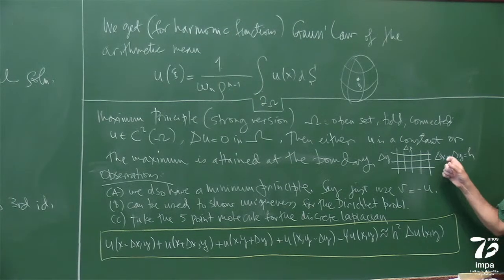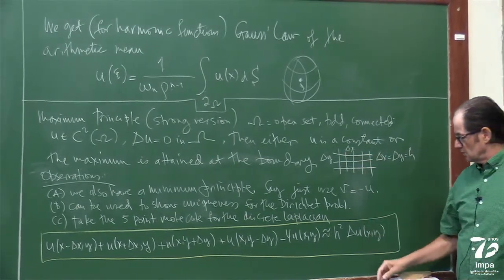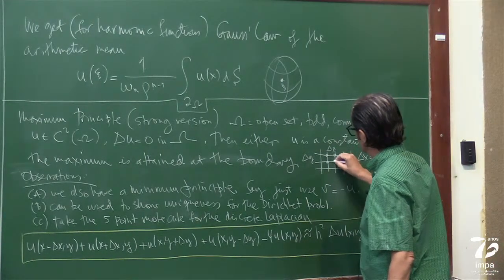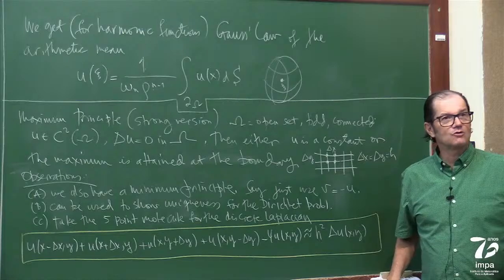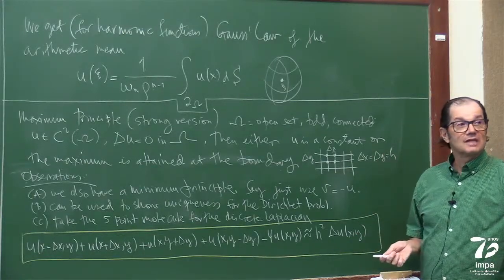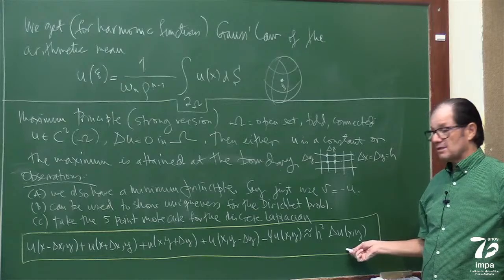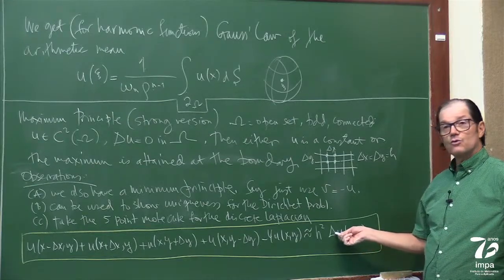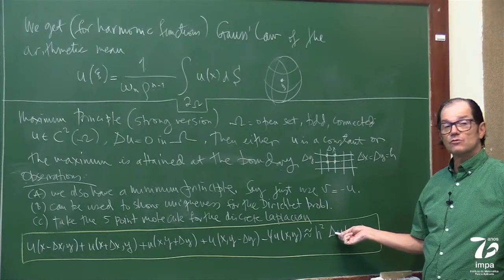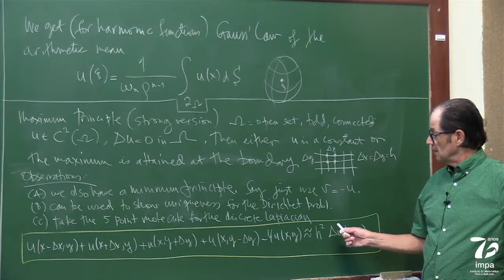So if you're trying to solve Laplace's equation on this grid of points, it will become a problem in linear algebra, right? Everybody has heard of this. If you use Taylor series, you can write this: the second derivative in x plus the second derivative in y is basically approximated by this guy.